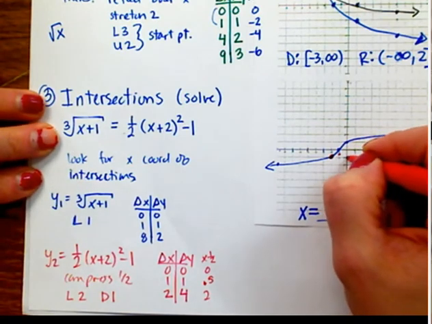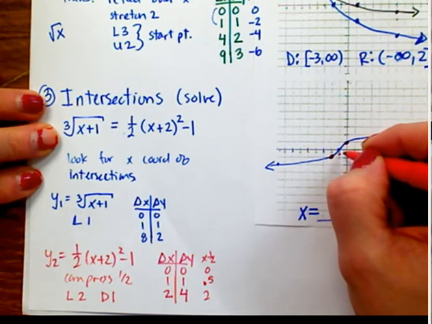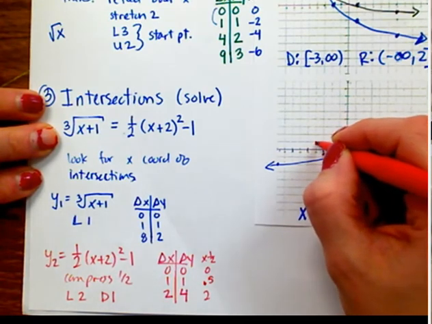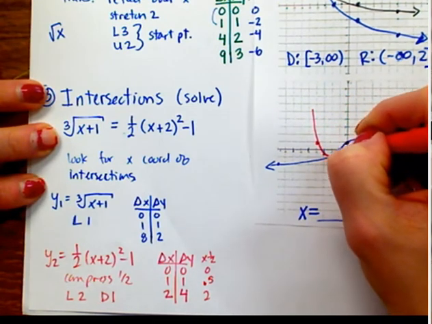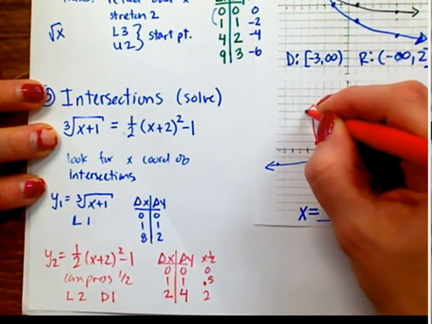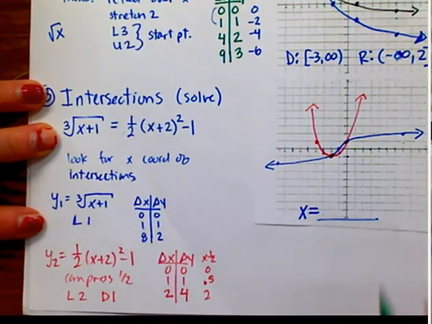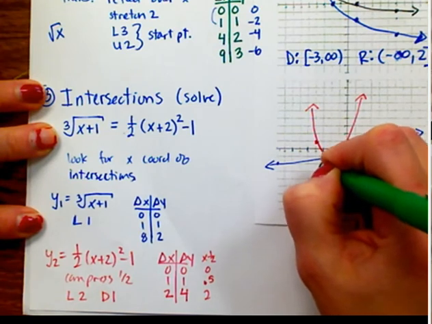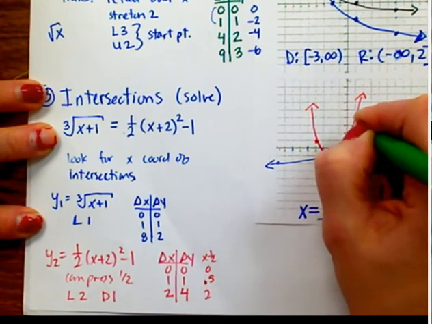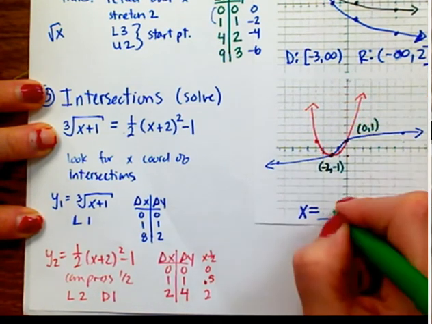Over 2, up 2. And then we reflect this and draw your parabola. Okay, conclusion. Right here, -1, -2, -1, 0, 1.